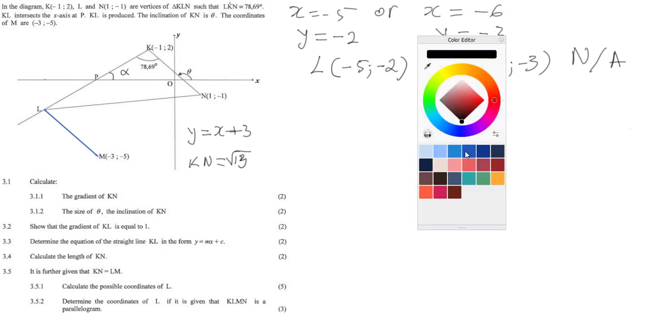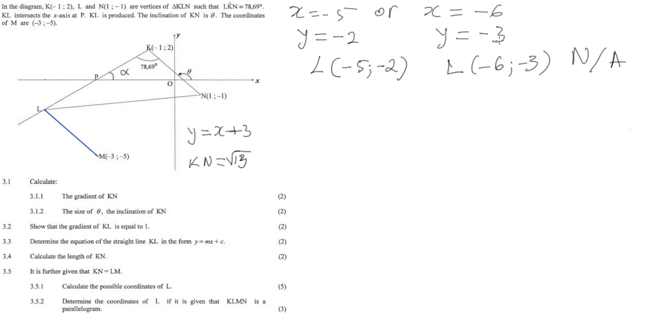If it's a parallelogram, what does that mean? A parallelogram means that we'll have another straight line here. This makes a parallelogram, okay? Because this line was not there. Alright, this is a parallelogram.